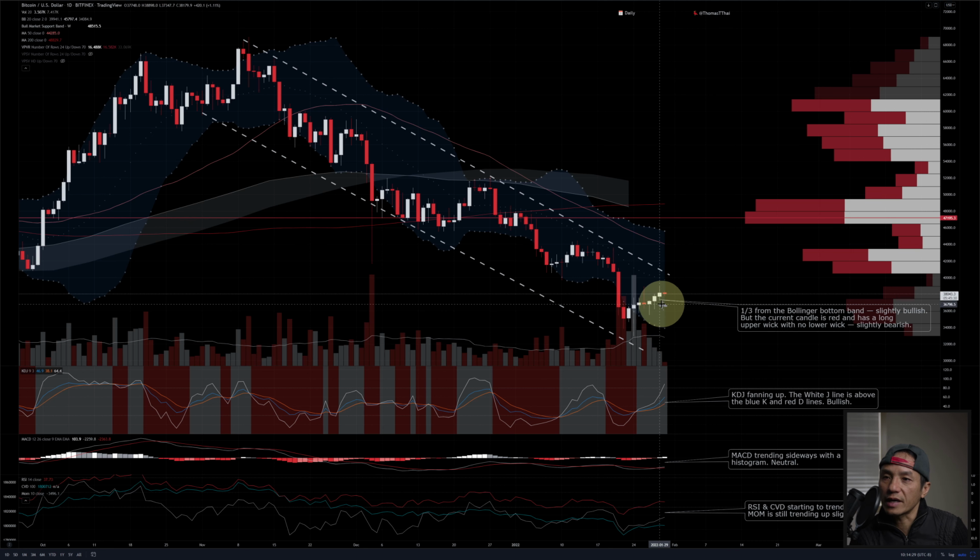This white candle here, not the current one but the one before it, was red, but after I did the video it turned white, and the current new candle is red. Although it went up, it's kind of more sideways, and the current candle is red with a tiny little body.